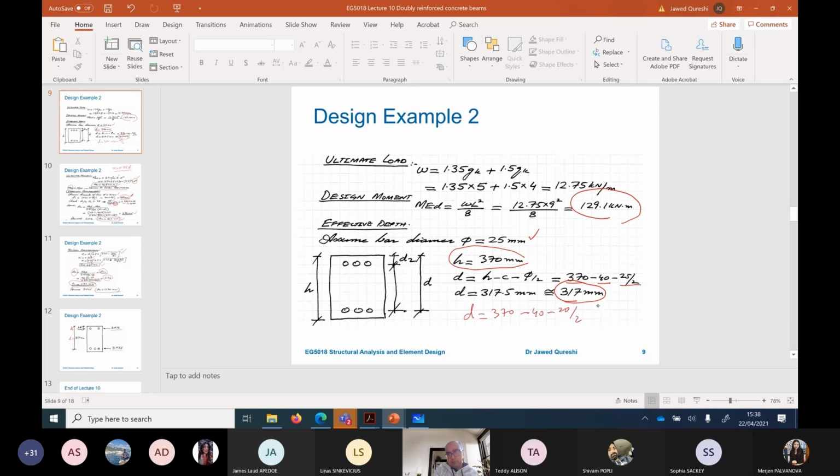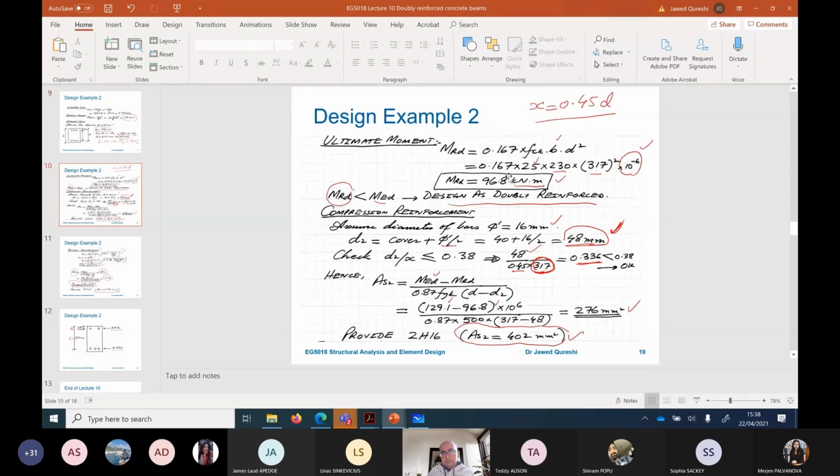This will give you 320. So D is 320 millimeter, and this will not affect the MRD much, I believe. If I'm using 320 squared into 230 into 25 into 0.167 into 10 to the power minus 6, it's giving me 98.3.